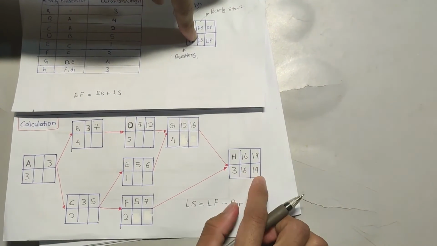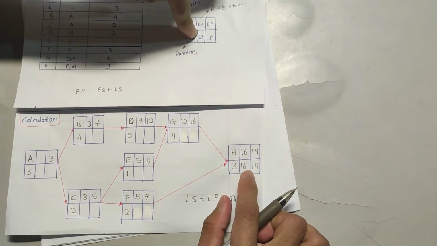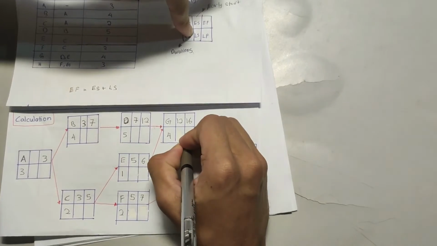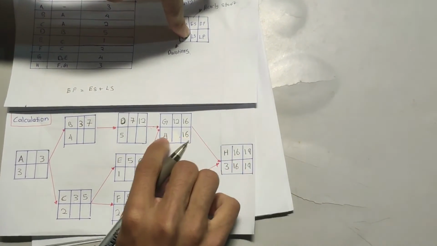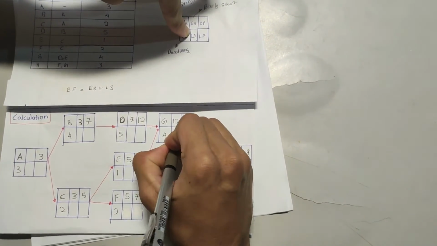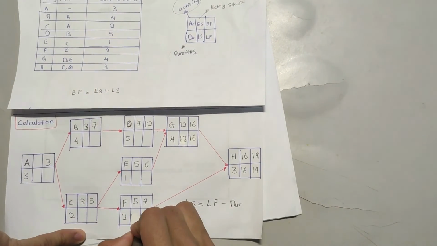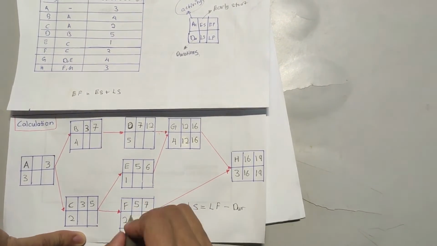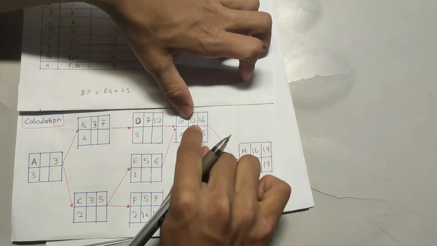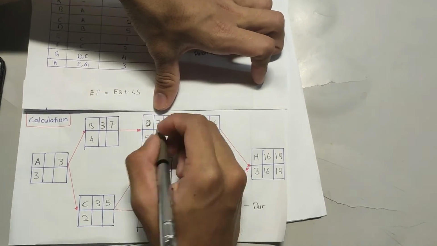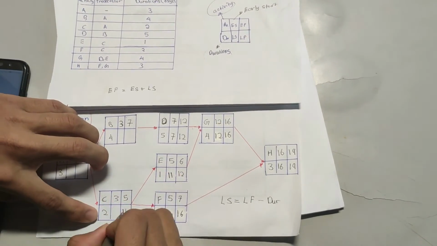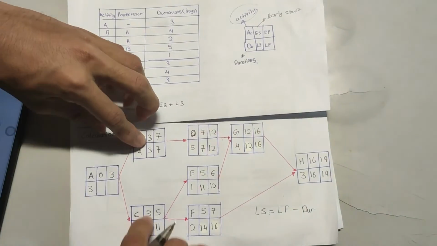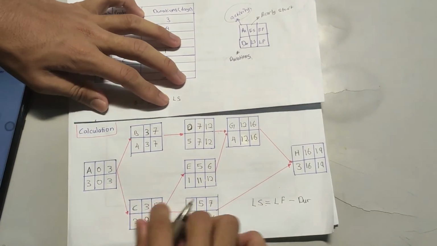Okay, from these numbers we must take the smaller number. 16 and 19, 16 is the smaller. Okay, we put the 16, and 16 minus 4 is 12. Okay, from this also we put the 16. 16 minus 2 is 14. Okay, that is the calculation.